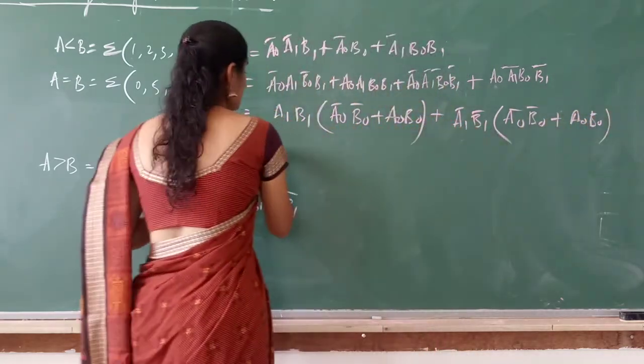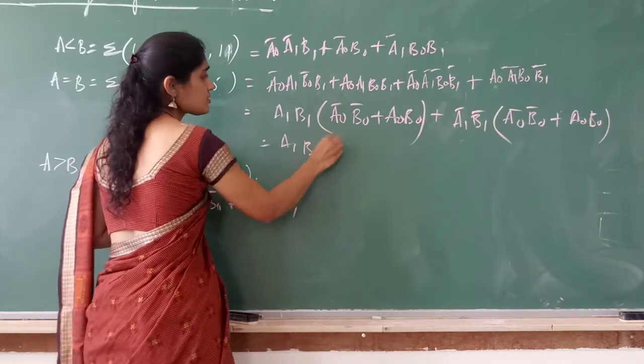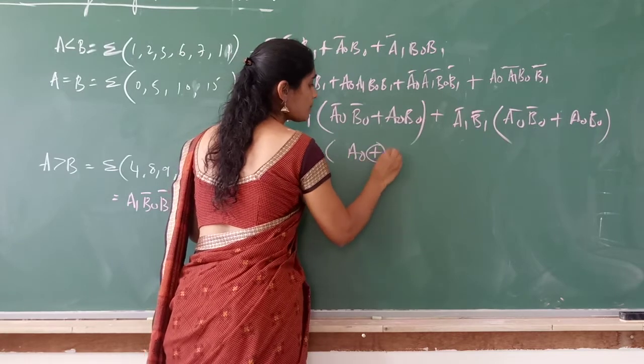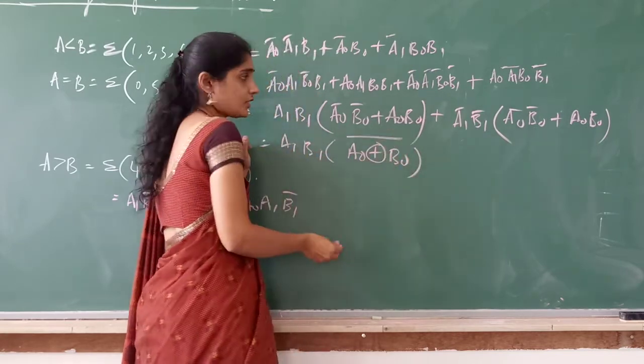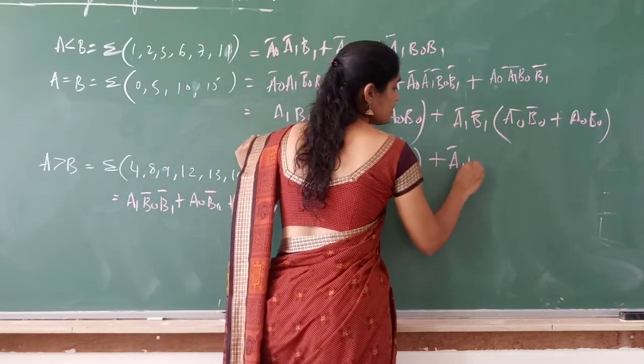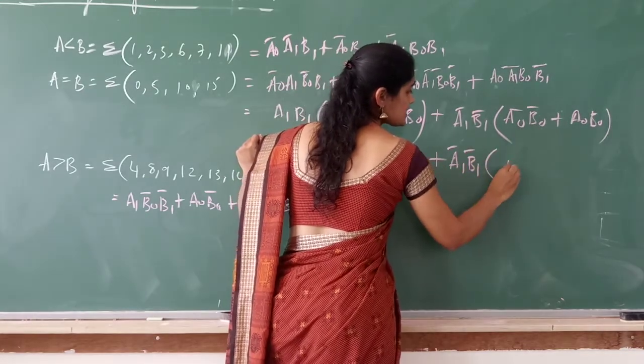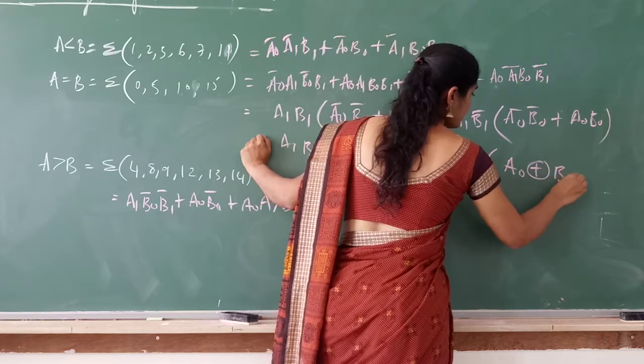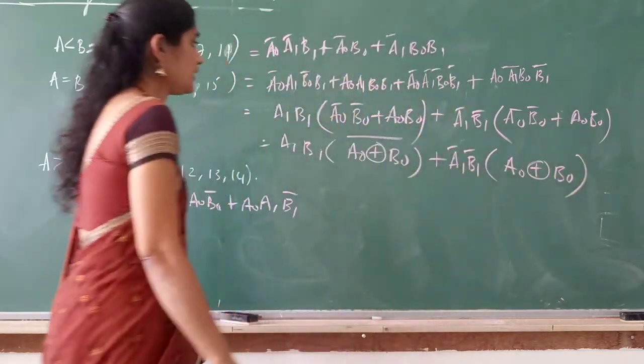Just look at this. A0 B0 bar plus A0 B0 is A0 XNOR B0. Plus A1 bar B1 bar. What is this? This is A0 XNOR B0.